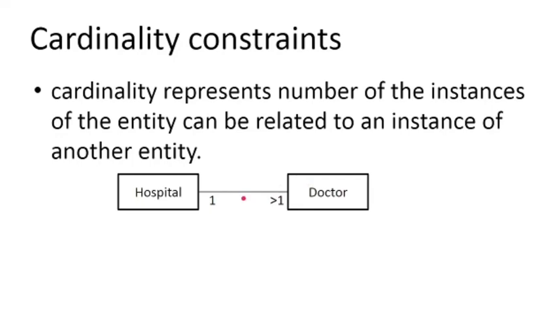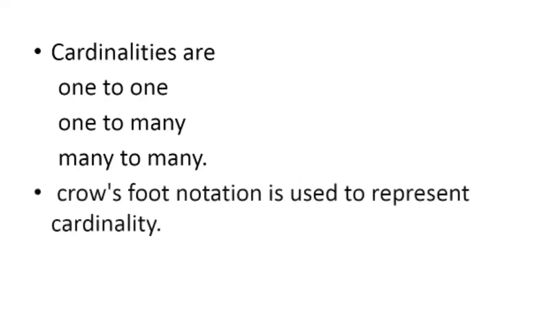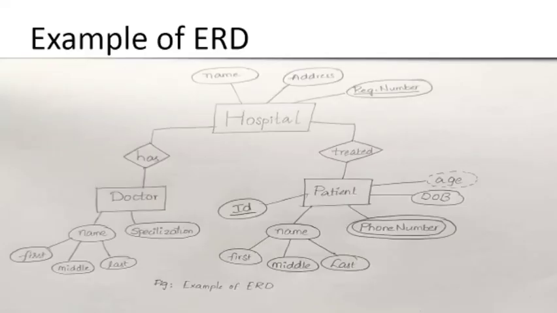For one to one, we have only one hospital and only one doctor. This can exist when it is a startup hospital, right? So this way we can represent the relationship with the help of cardinalities. Fine. And these are the types of cardinalities, and this is the notation we actually use.